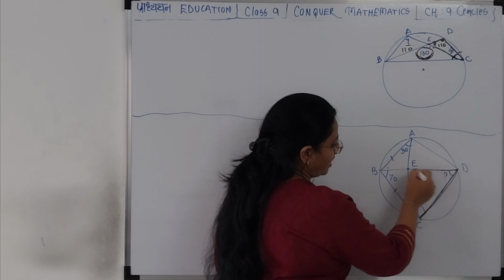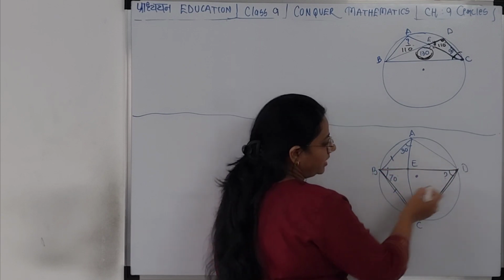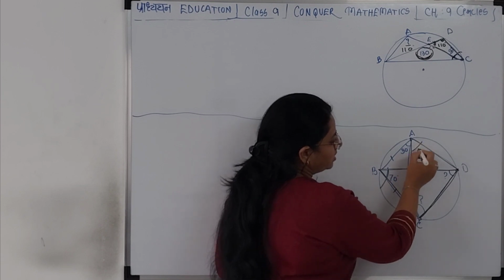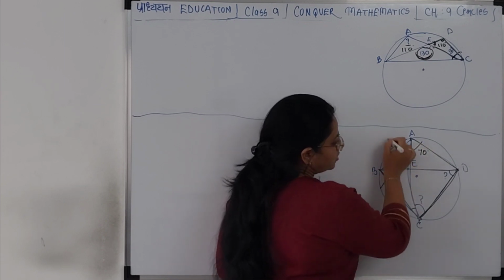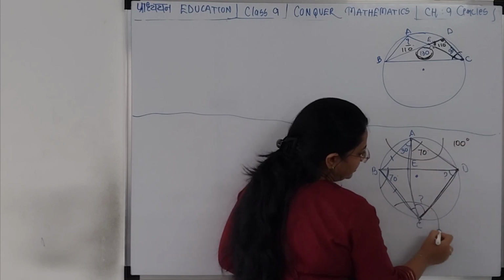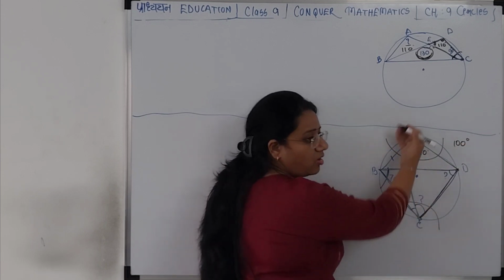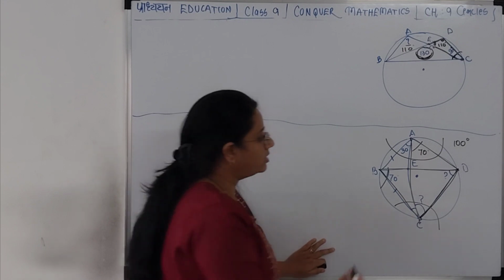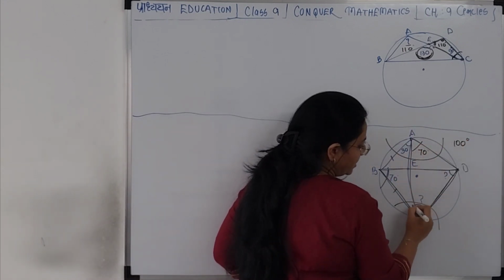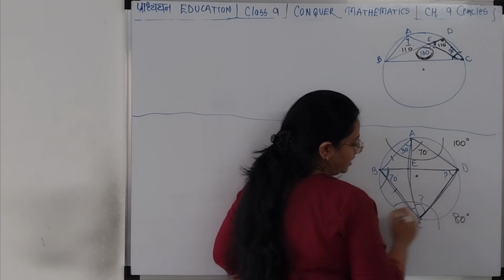It is making angle CBD and angle CAD, correct? So they will be equal. So this is 70, so this entire angle is 100. So what will BCD be? It's the opposite angle of a cyclic quadrilateral. So the entire angle is 130 plus 70, and so this angle BCD will be equal to 80 degrees.